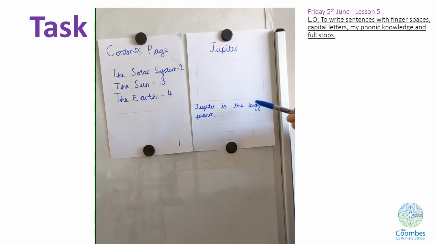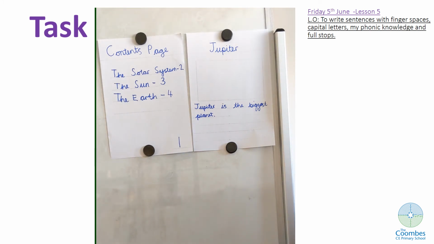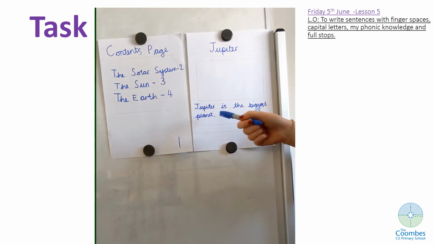So Jupiter is the biggest planet, and then I'm going to write the next sentence is that it spins the fastest in our solar system. So I've done a full stop there.